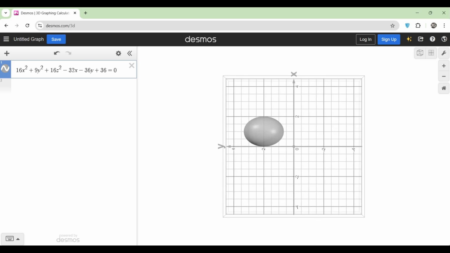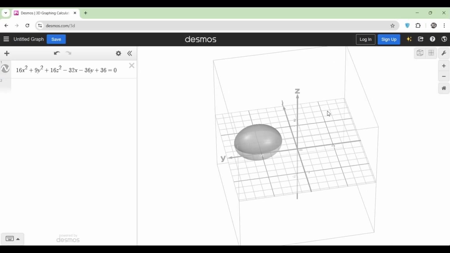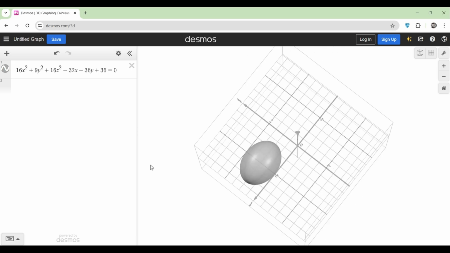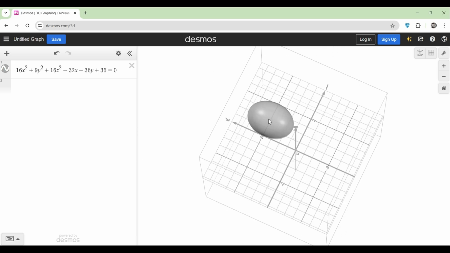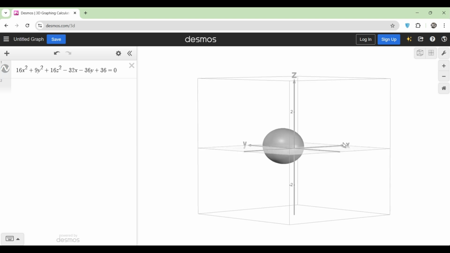So, as we mentioned here, the center is gonna be 1, comma 2, comma 0. Let's see. Center is x is equal to 1. This is the center, 1, comma 2, comma 0. So, our center is right.